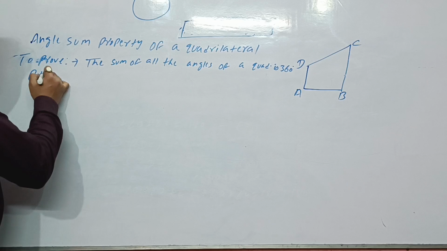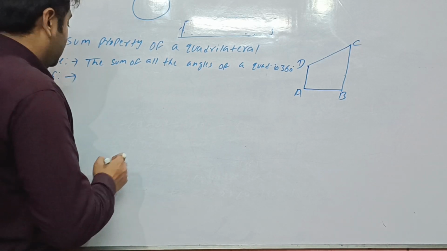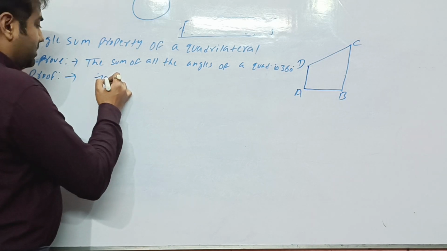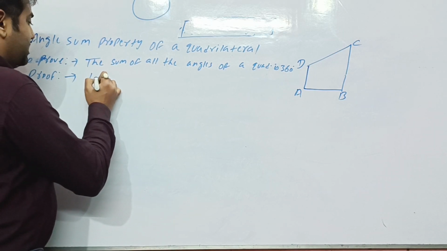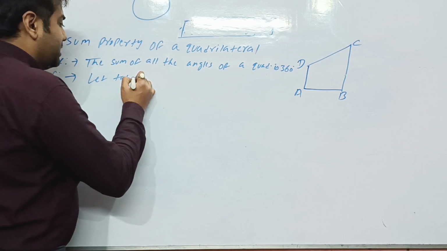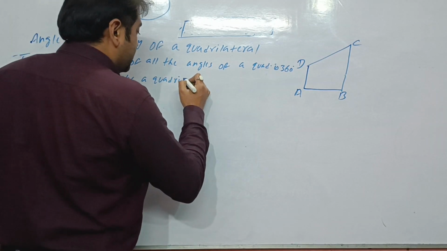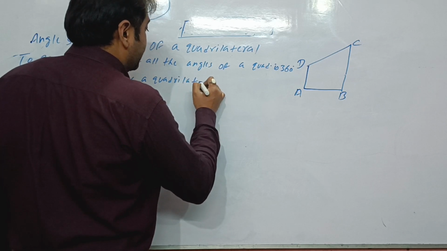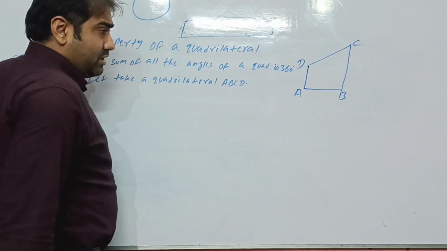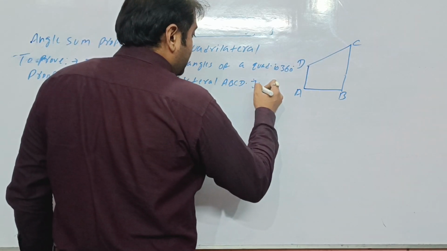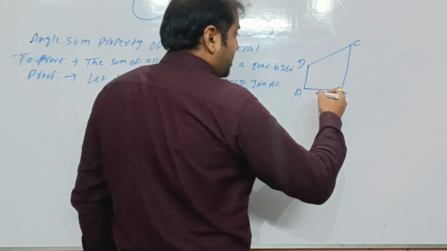So let's start with our proof. First of all, let's take a quadrilateral ABCD and then join AC, which is basically the diagonal of this quadrilateral.